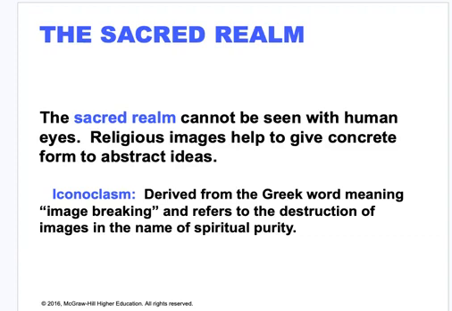When we talked about a Buddhist statue, a Hindu statue. And then we also talked about Vincent van Gogh and how he gives tangible form to feelings and ideas. So yes, both of those, especially the Hindu sculpture, would fit into this category of the sacred realm.